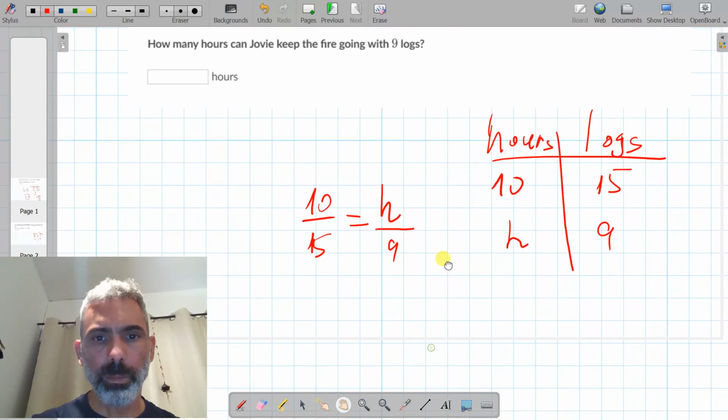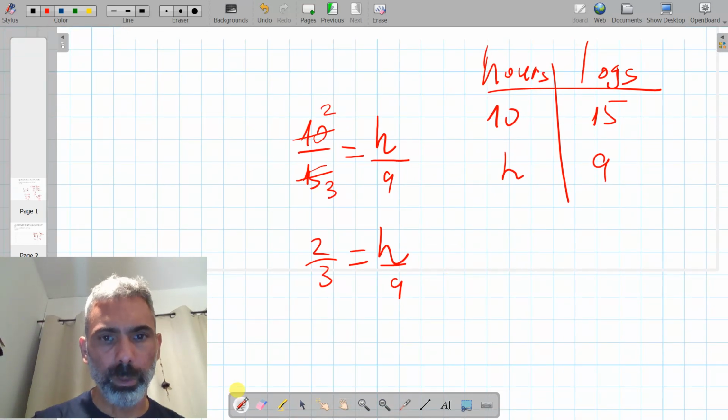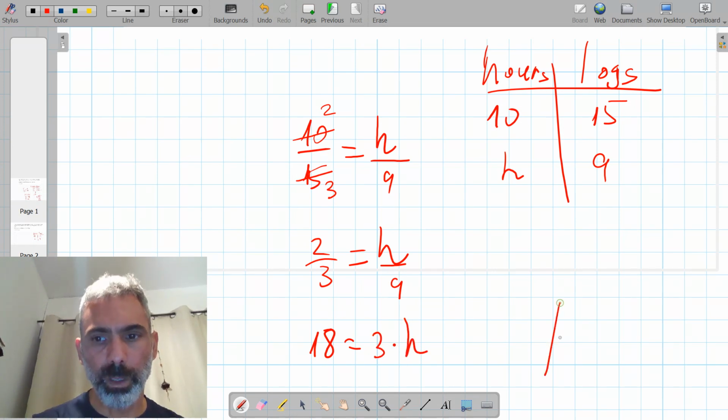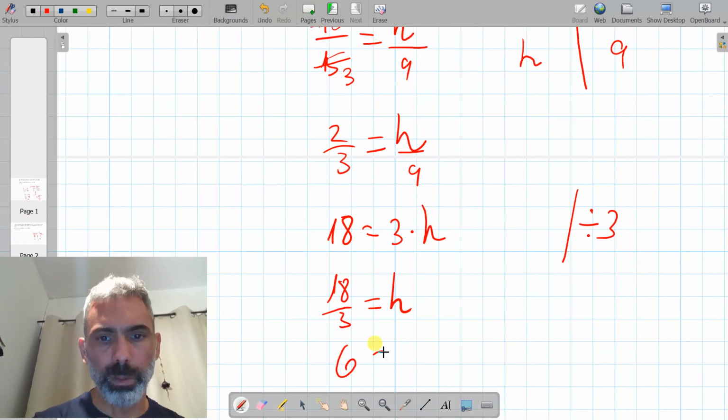So we can simplify the 10 over 15. 10 divided by 5 is 2, and 15 divided by 5 is 3. So 2/3 equals H over 9. And now I cross multiply. 2 times 9 is 18, equals 3 times H. And now I divide both sides of the equation by 3 to isolate the H. So 18 over 3 equals H. H equals 6.